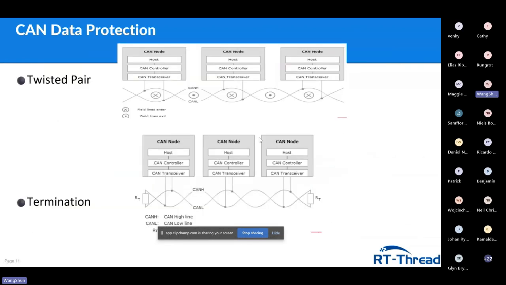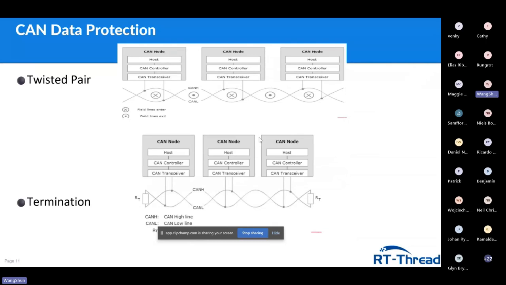Okay, now we will talk about CAN data protection. It has a twisted pair implementation. Why does it have a twisted pair implementation? Because the electric vehicle can have electrical noise, and it can change something.